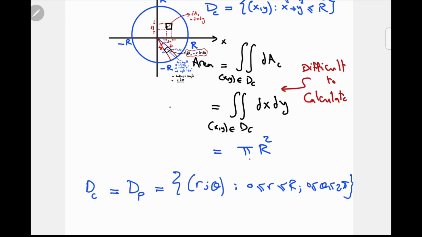So considering all these points, we will cover the whole circle, the whole area.